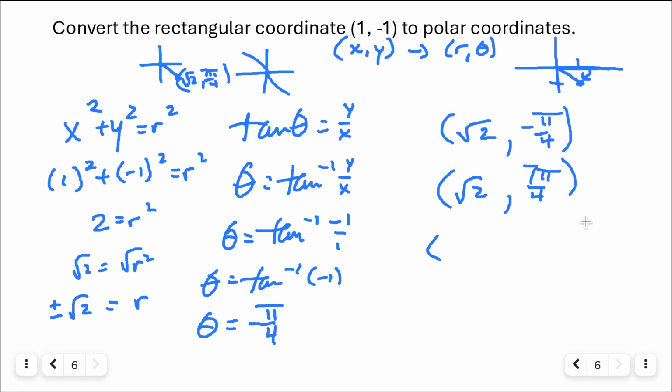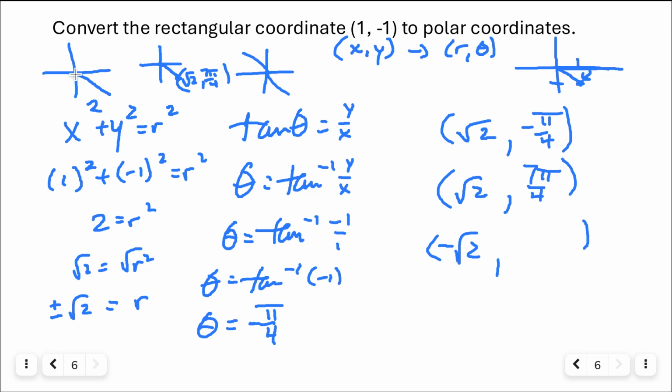But what if r were negative? Negative root 2. How would I do that? Well, if r is negative, it means you go the opposite direction from the angle that they're asking. So if I want to end up over here, I'd have to go out to here first so that I'd end up going in the opposite direction and end up at 7 pi over 4.